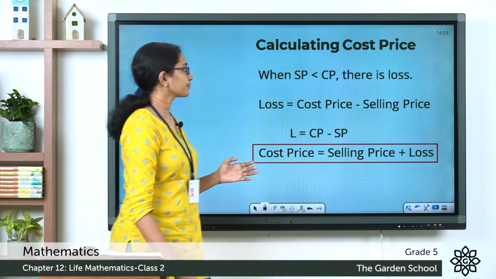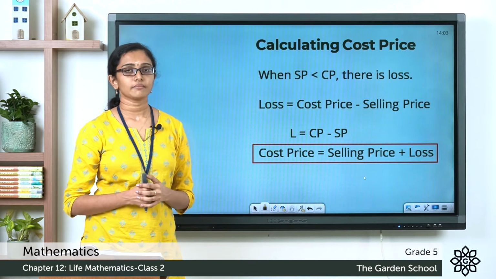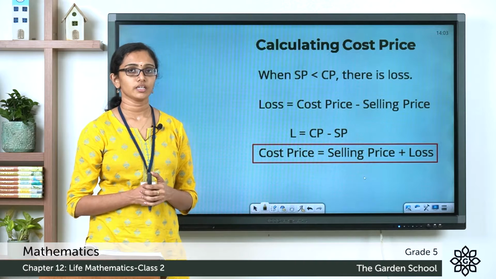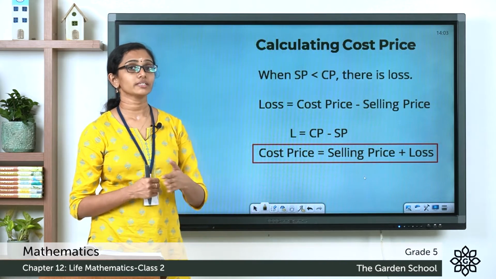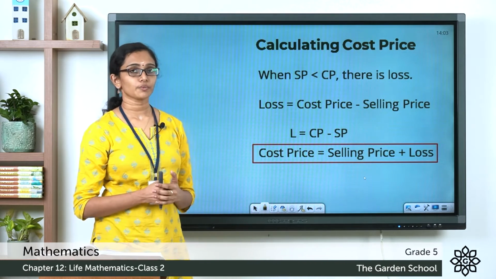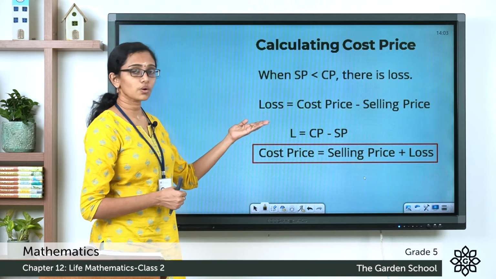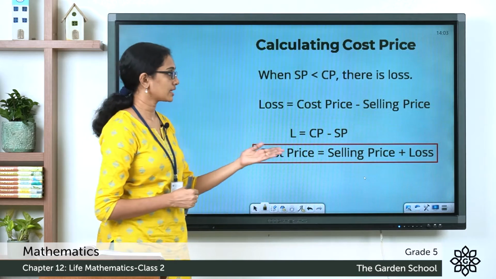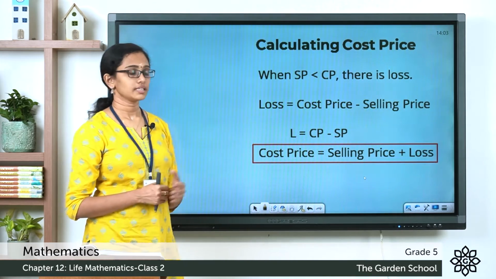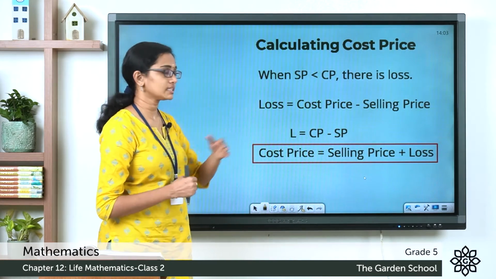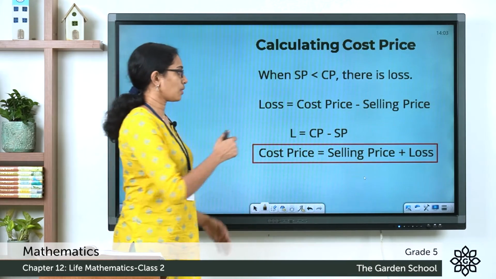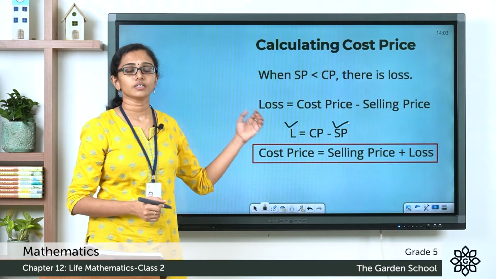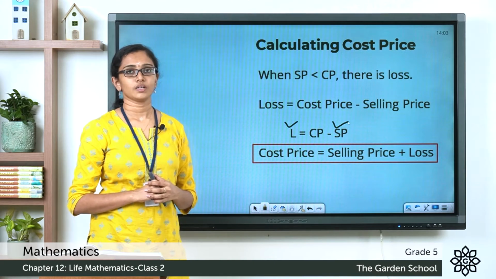Now similarly, when you have a loss, it means that the selling price is less than the cost price, right? You are selling something at a price lower than its buying price or cost price. So we find the loss by the formula loss is equal to cost price minus selling price. That is L is equal to CP minus SP. So given the amount of loss and the selling price, we can easily find out the cost price. How?